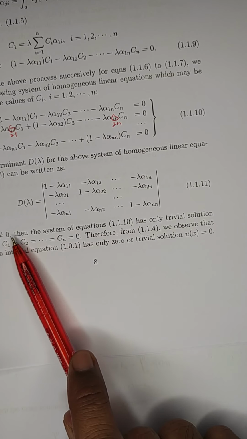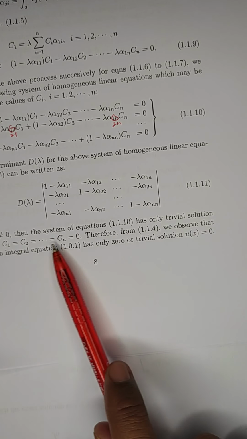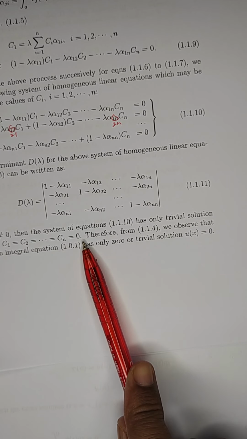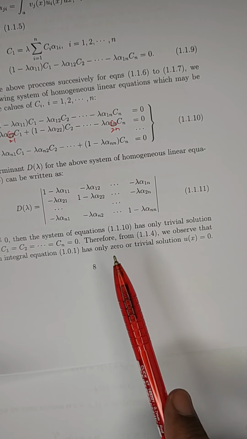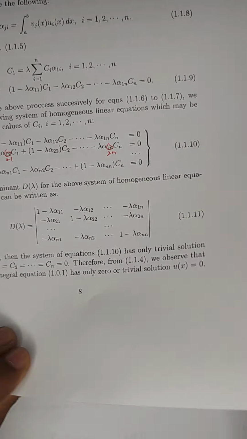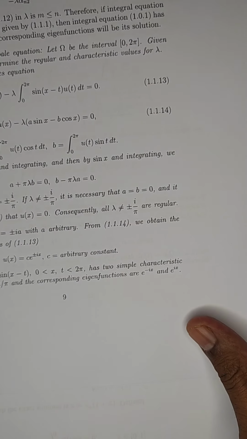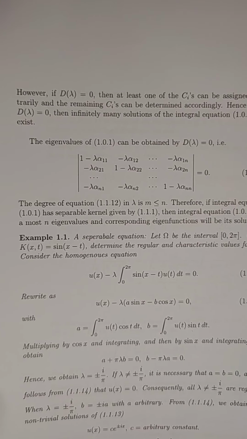is different than 0, then it gives the trivial solution, which is C1, C2 equal to 0. So therefore, in order to have the non-trivial solution, we need the determinant to be 0.